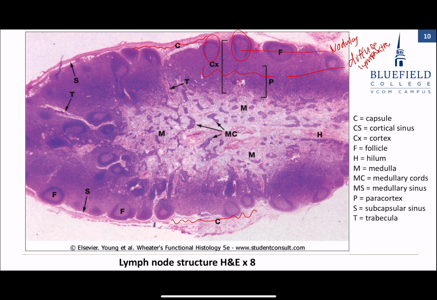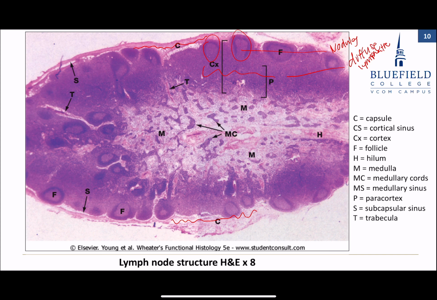Now, if you look up here, this is a cortex once again. Got a cortex and an inner medulla. Those are just general terms for certain organs, if we can see a difference. Up within the cortex is where we find diffuse lymphatic tissue and the nodular lymphatic tissue. If we look here in the medulla, we've got what we call cords of lymphatic tissue, okay? Fat strings of lymphatic tissue.